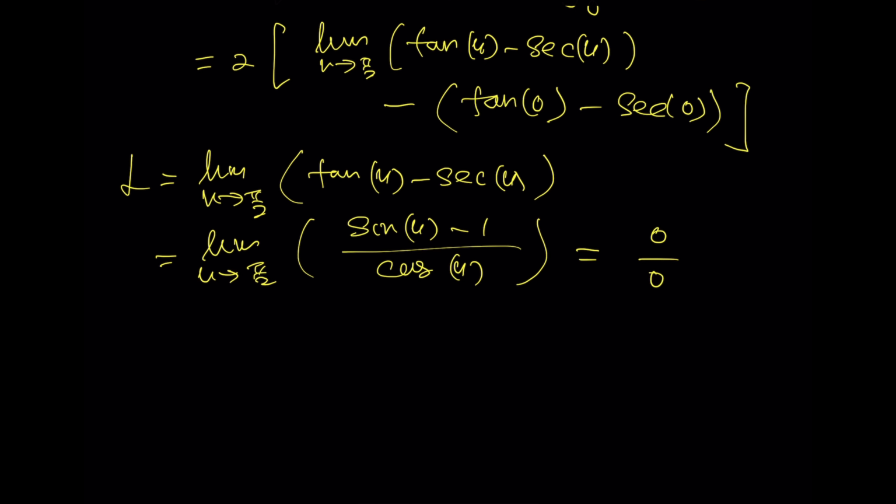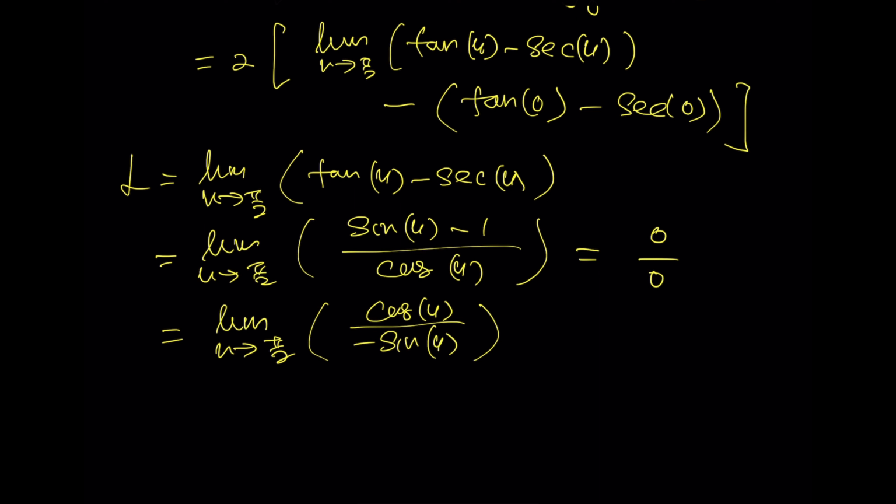Apply L'Hopital's rule. L becomes the limit as u approaches pi divided by 2 of cosine u divided by negative sine u, which equals 0. So Q becomes 2 multiplied by 0 minus 0 plus 1.